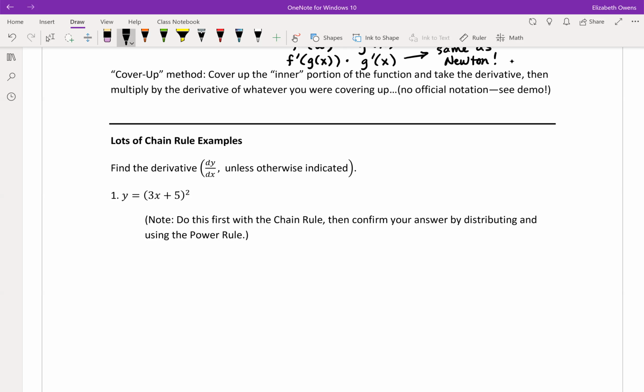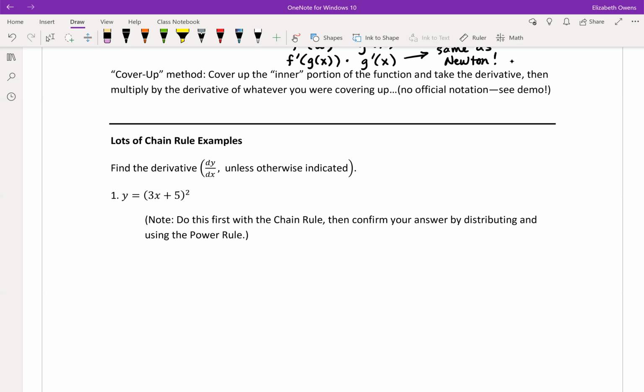So we are going to find the derivative of this function, find dy dx, and here we're starting out with a fairly basic type of function, y equals (3x plus 5) squared. And yeah, you could totally multiply this out, distribute, use the power rule. We're going to do it first with the chain rule, and then we can check it using the power rule, but we want to use our new toy here, so we'll do that.